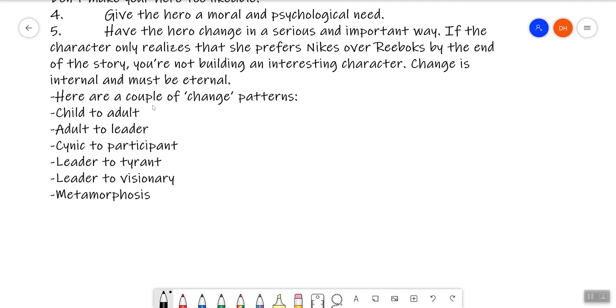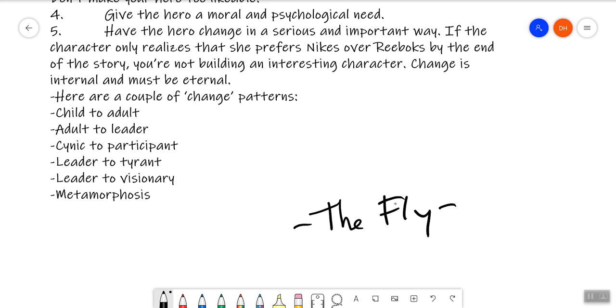Metamorphosis. This is more about kind of physical change, and it could be, depending on the kind of story you're telling, if we're doing science fiction, literally physical metamorphosis. There's a good movie. I think it was directed by David Cronenberg. It's a remake of a movie from the 50s. This was made, I think, in the 80s.